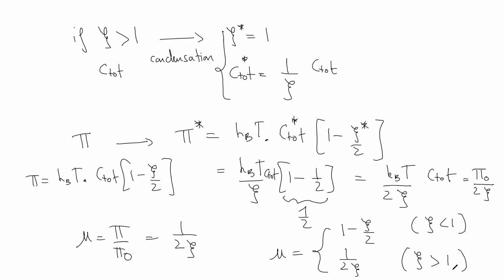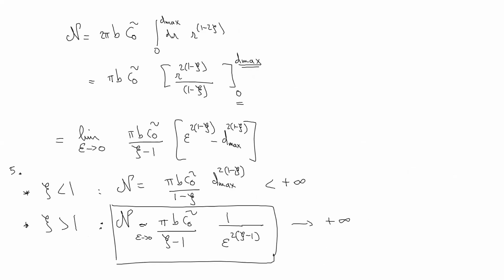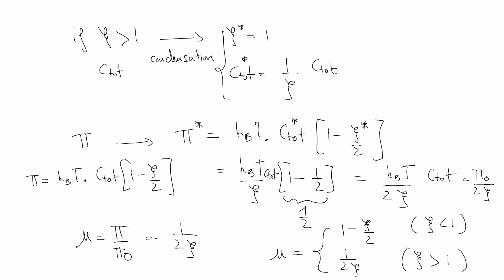So I can summarize those two lines by saying that basically this is my osmotic coefficient. It goes between 0 and 1. And this is psi that passes along the condensation limit. So I have something that decays linearly and that ends up at 1/2.